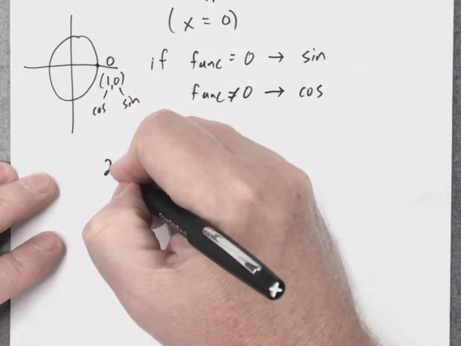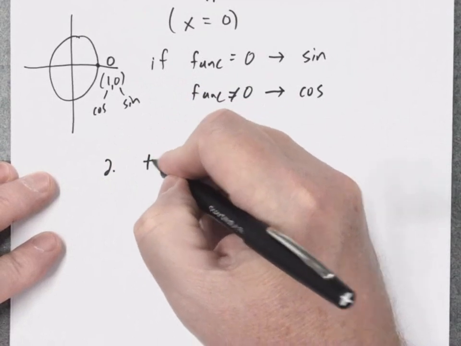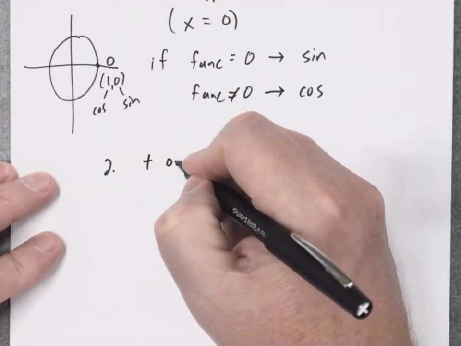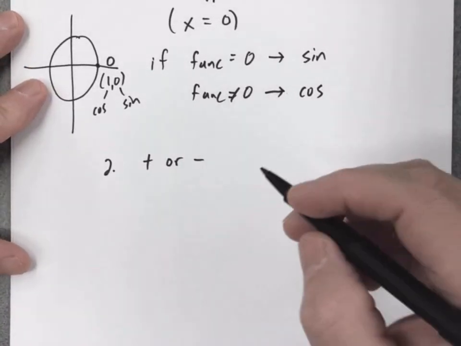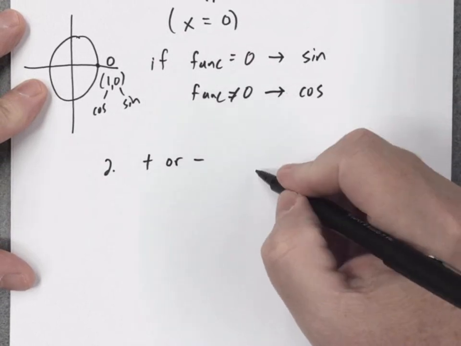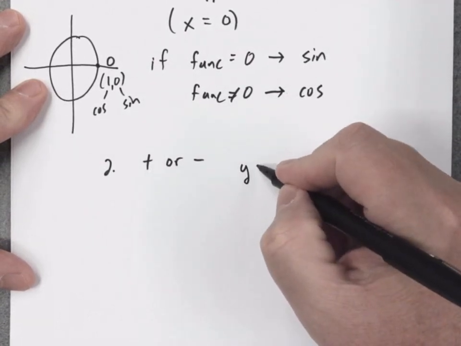So the next thing we're going to try and determine is what happens when you stick a negative in front. If I have a normal, let's look at a normal cosine.